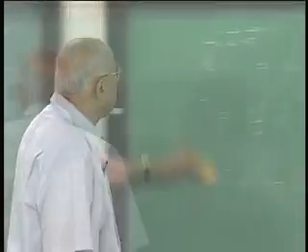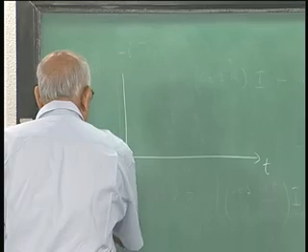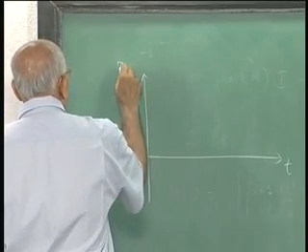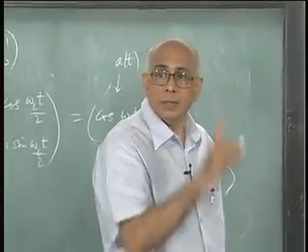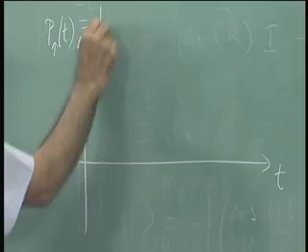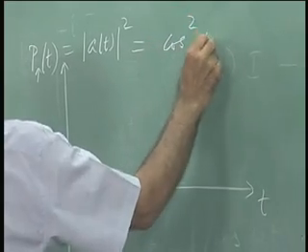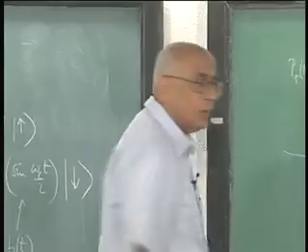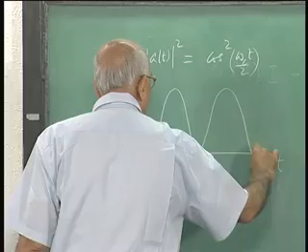So it is immediately clear that we could write this down and plot as a function of t the probability up of t, that at time t the state is up. This is equal to mod A of t whole squared, which is cos squared omega c t over 2. And what does that graph look like? It goes up and down like this.